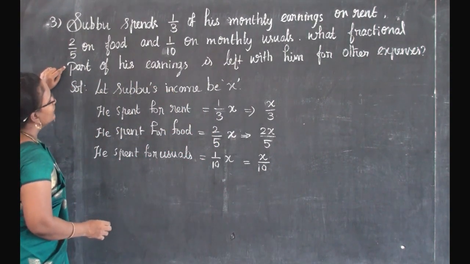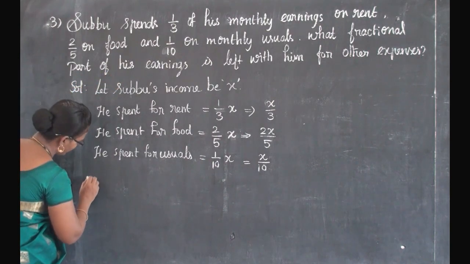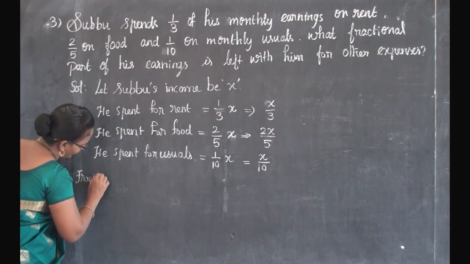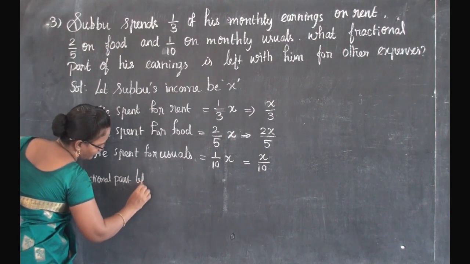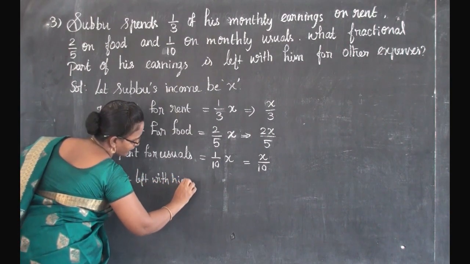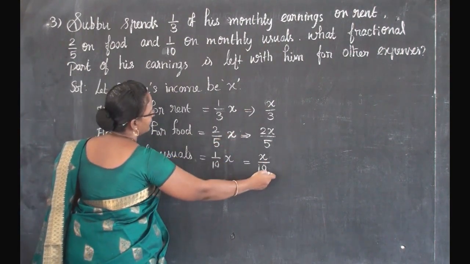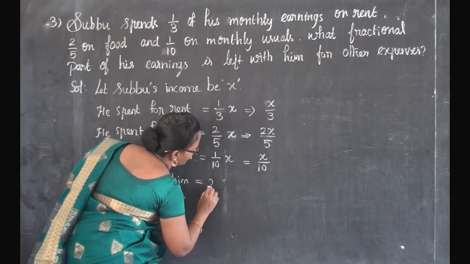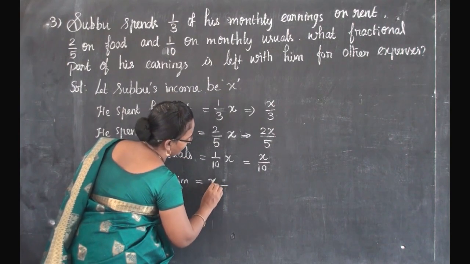Now, what fractional part of his earnings is left with him? So, fractional part left with him. These are expenses. So subtract from monthly income. Monthly income x.